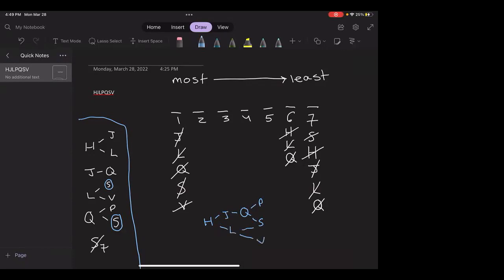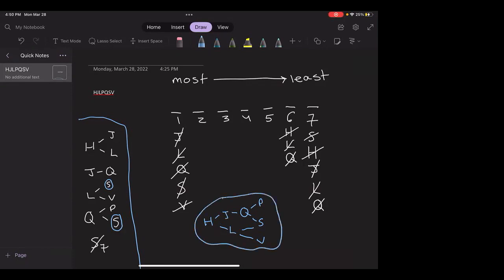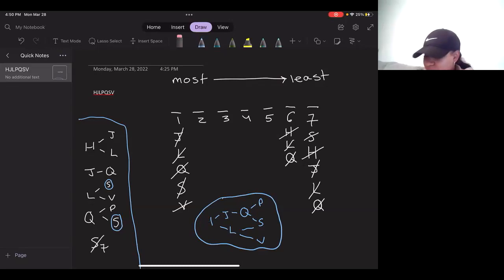Okay, yeah, is that better? Yeah. Sorry, I think I was a little too close to the bottom. Got it. So then this is going to be our chain right here.